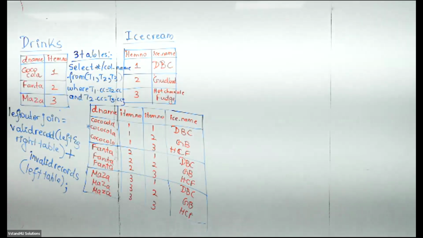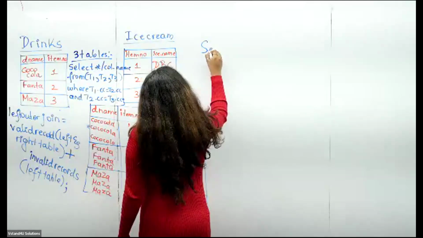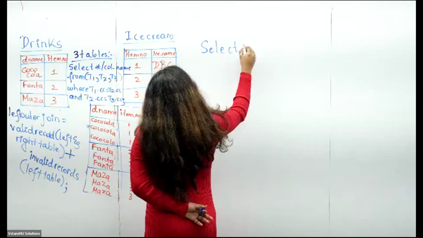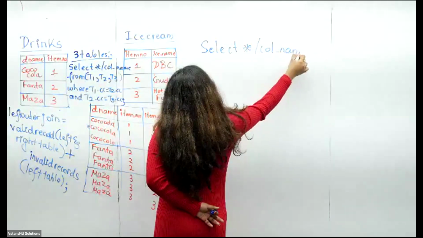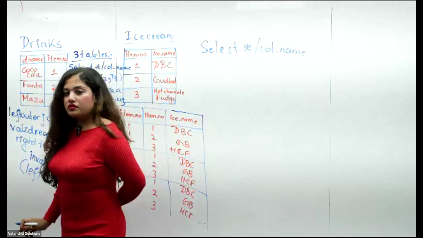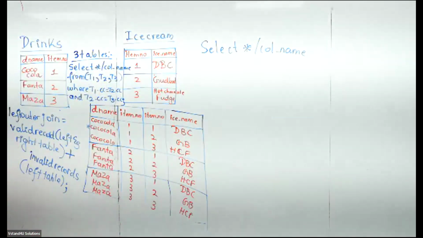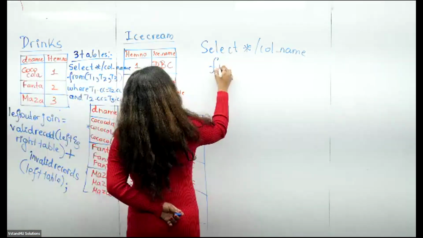How will you write the syntax for left outer join? Select star or column name, from.